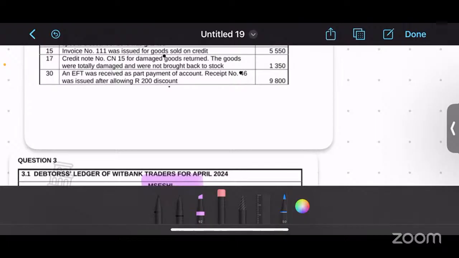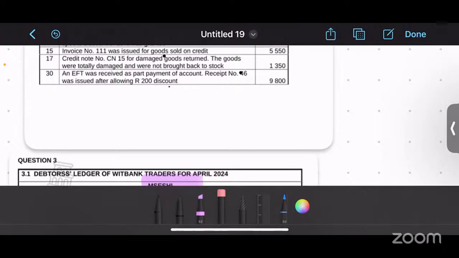Lukumo, what do you think they mean here? What are they saying? An EFT was received as part of payment of account. Receipt number that was issued after allowing a discount of that. Doesn't it mean they got a discount of 200 and they paid through EFT?